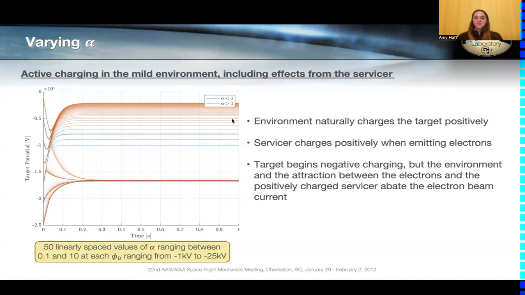However, as the servicer spacecraft releases electrons, it charges more and more positively, which causes the electrons from the electron beam to turn around as they're attracted back to the servicer. Then fewer electrons actually impact the target. Since the environment has a positive influence on the charging of the target, the potential converges to a less negative potential than without the effects of the servicer accounted for.